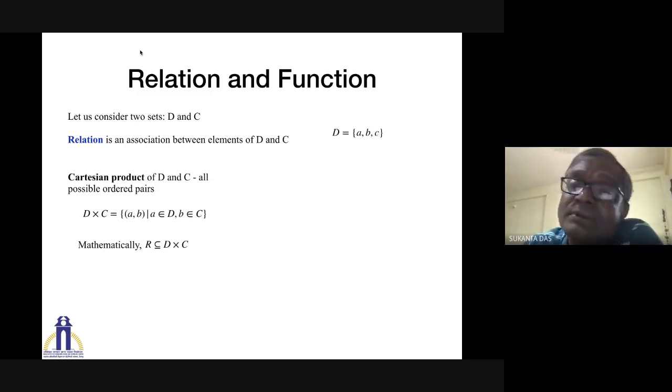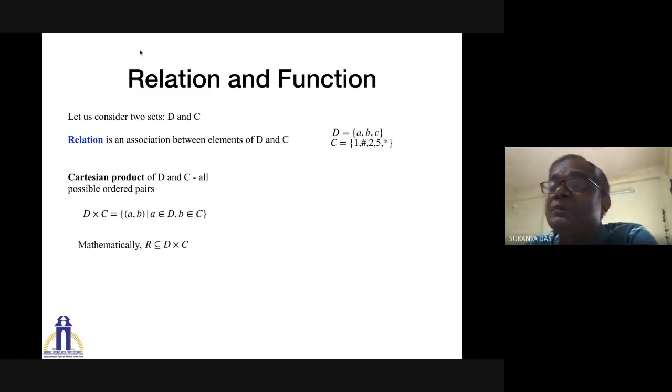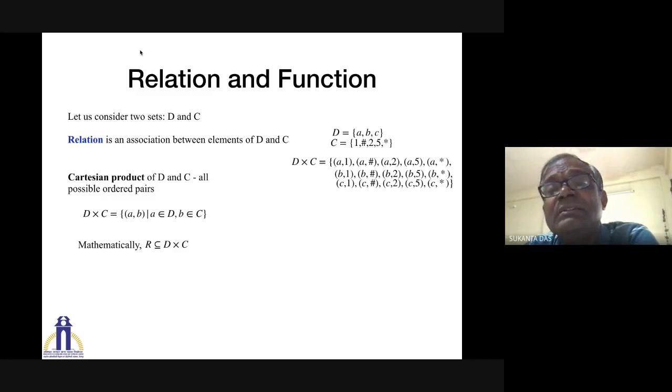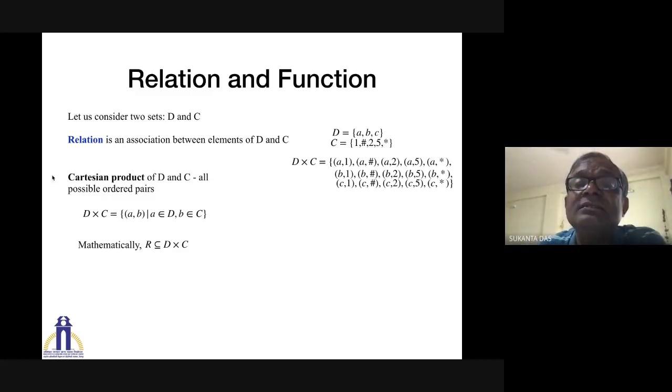Take an example. Say capital D equals {A, B, C} and capital C equals {1, #, 2, 5, *}. Now what is D cross C? D cross C is this one. You can see here that D cross C starts with A comma 1.